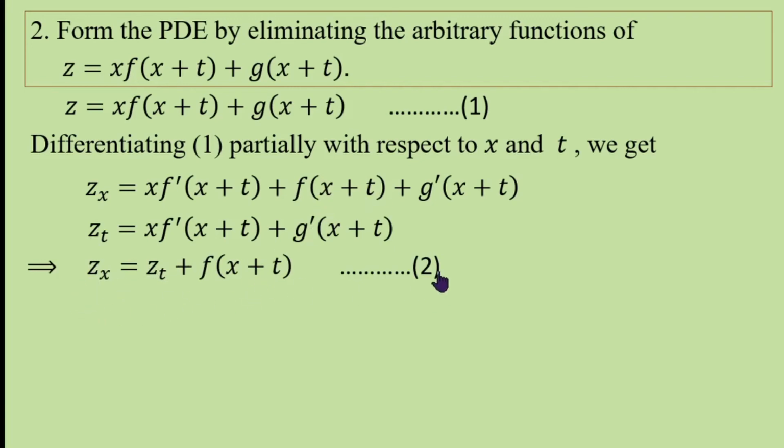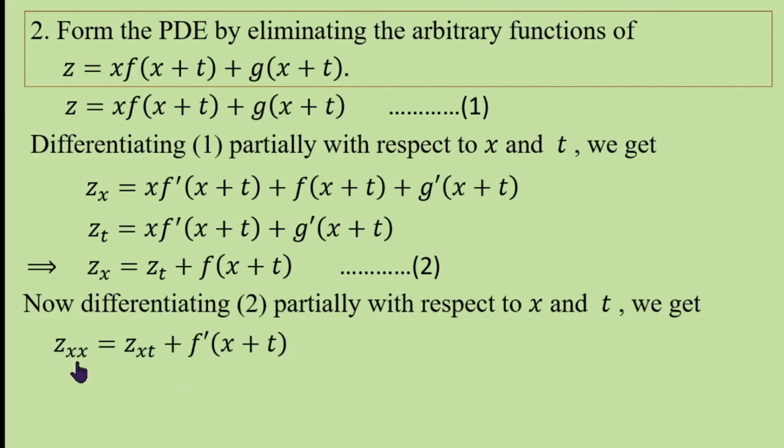Now differentiate this second equation partially with respect to x and t. When we differentiate partially with respect to x, we will get zxx equal to zt derivative with respect to x, that is zxt or ztx, both are the same, mixed partial derivative, okay, zxt plus the derivative of f with respect to x, f dash of x plus t into 1, so f dash of x plus t.